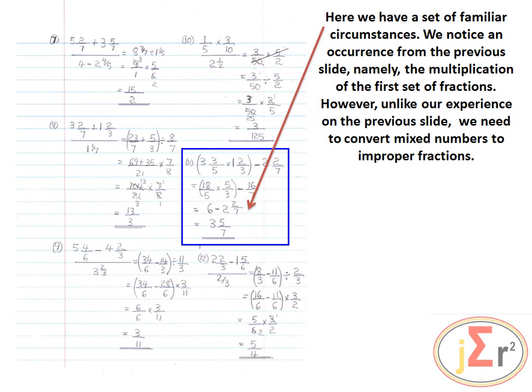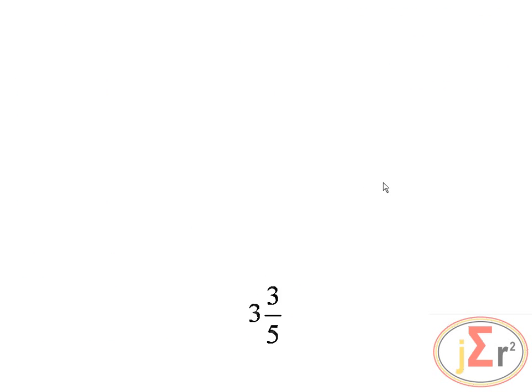So here we have, like on the previous slide, the upper set of fractions being multiplied. But we need to convert mixed numbers to improper fractions first, and that we did not do on the previous slide.